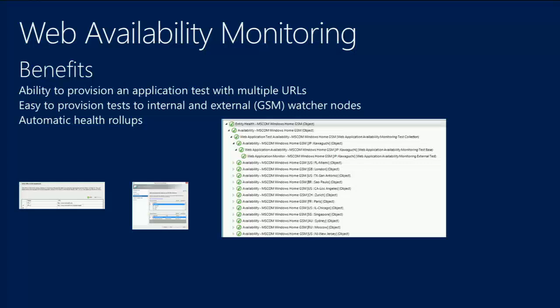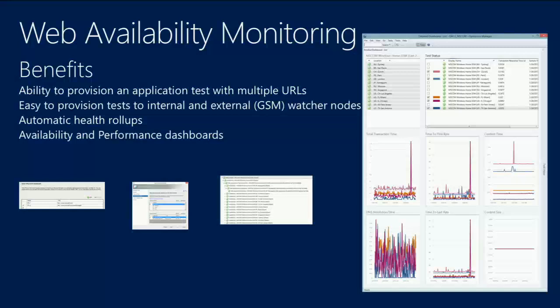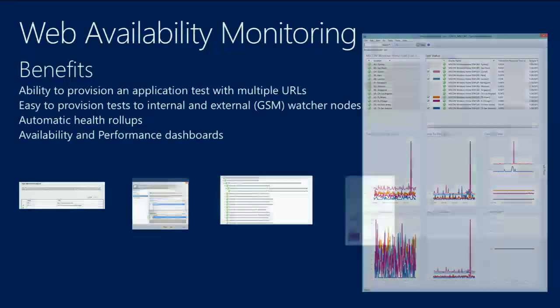You get the automatic health roll-ups of Operations Manager. You get the availability and performance dashboards. These are particularly useful in a daily stand-up type environment to understand where the performance hits are coming from, and any application downtime you may have experienced.